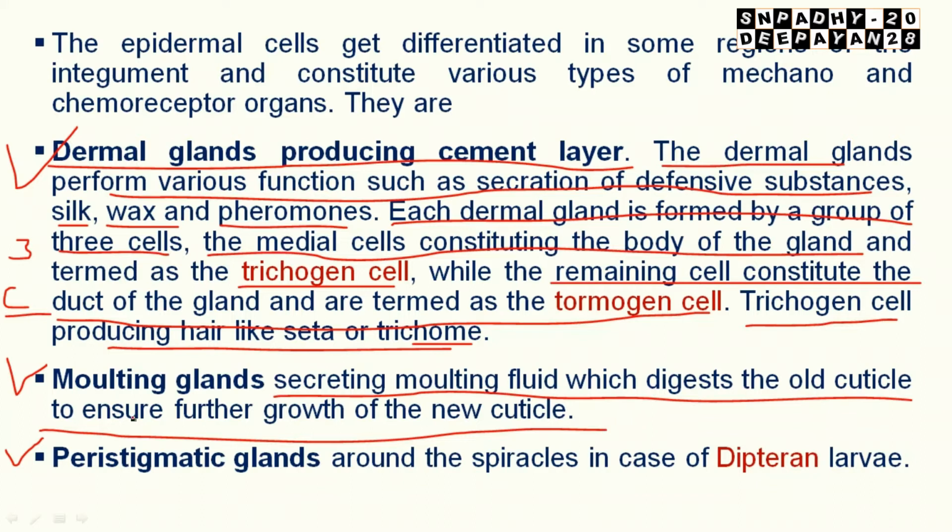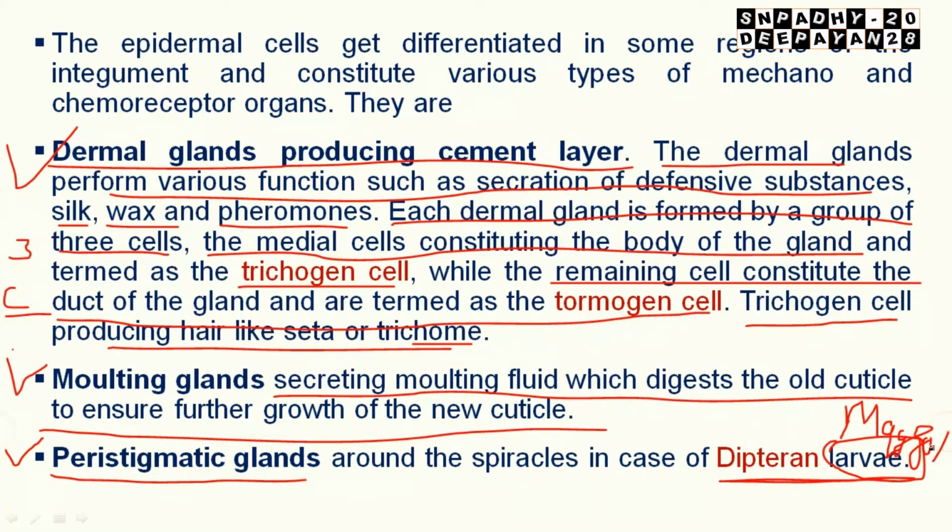Then come to the peristigmatic gland. First thing you write down: present in case of Diptera larva. Actually, in case of Diptera the name will be different. Larva means the immature stage. In Diptera it is known as what? Maggots. M-A-G-G-O-T-S.